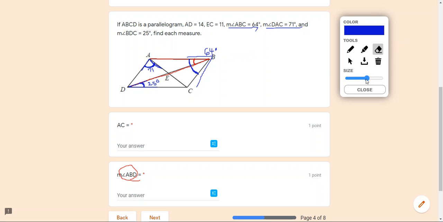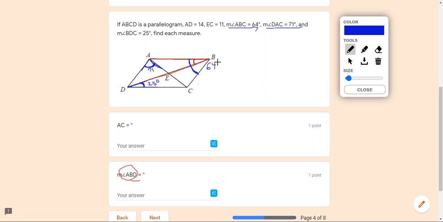Let me make a quick adjustment here. Maybe a little bigger. Feel free to fast forward this part. There you go. So this was 64 degrees for the entire angle.